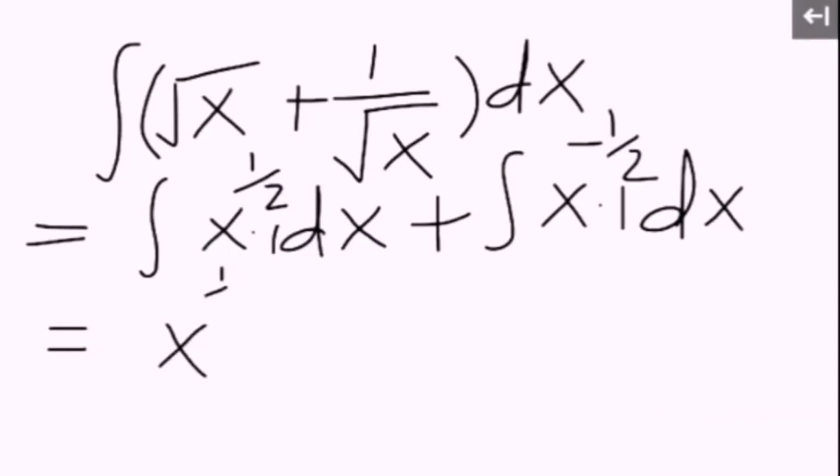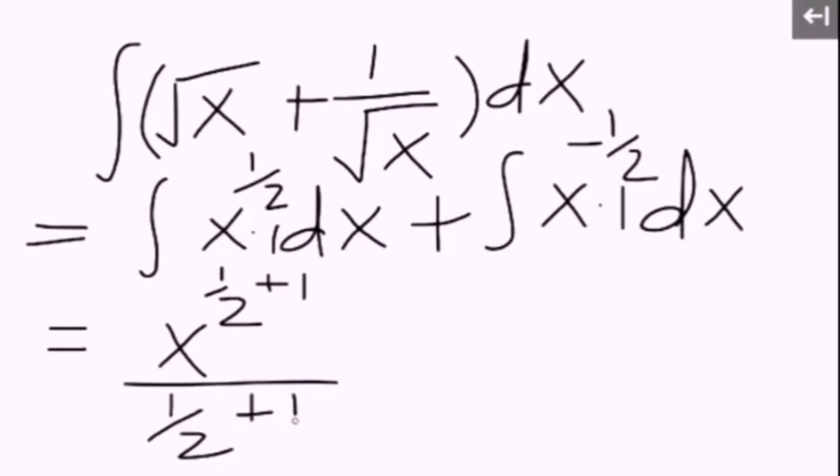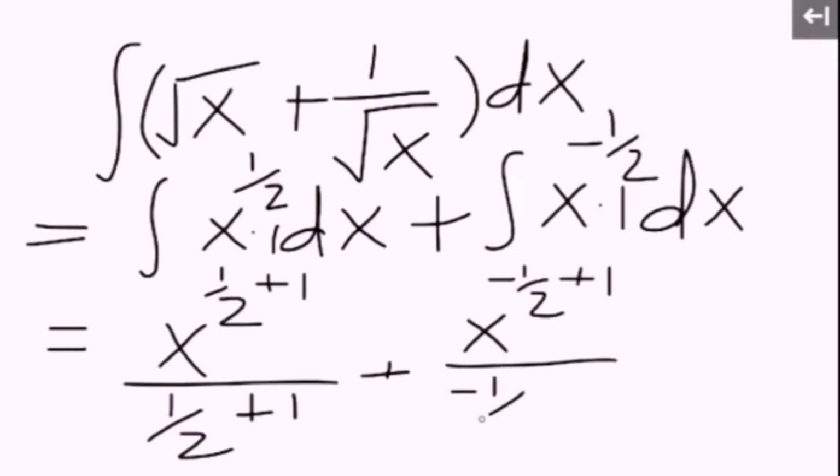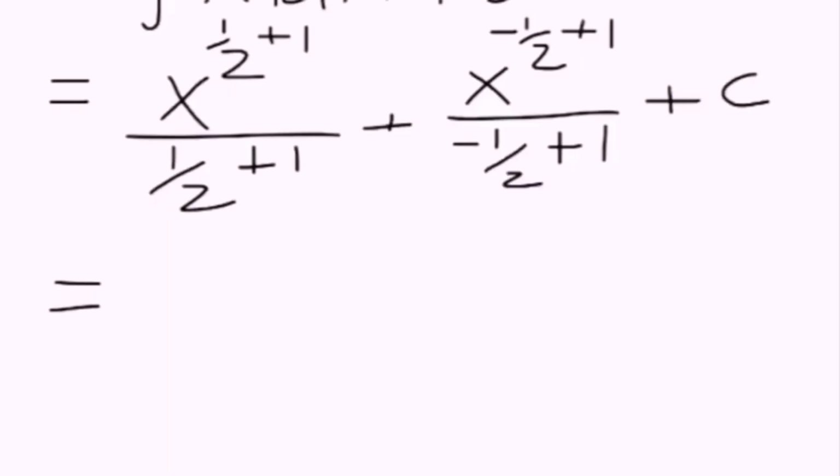Whenever a function has its derivative written with it in product, we increase the power of the function by 1 and divide by that value. So we increase the power by adding 1 to the power and divide by the same value, plus x power minus 1 by 2 plus 1 divided by minus 1 by 2 plus 1. After integration we add c, which is the constant of integration.